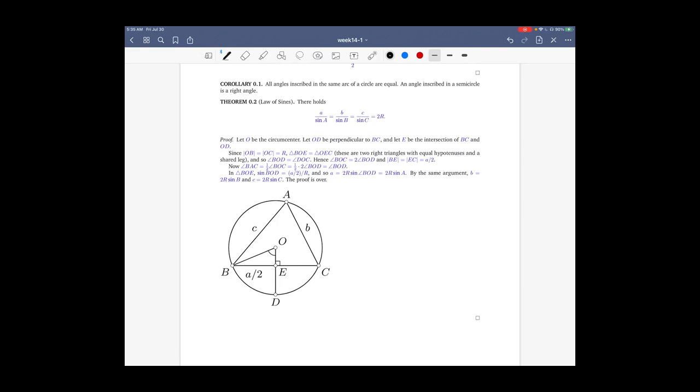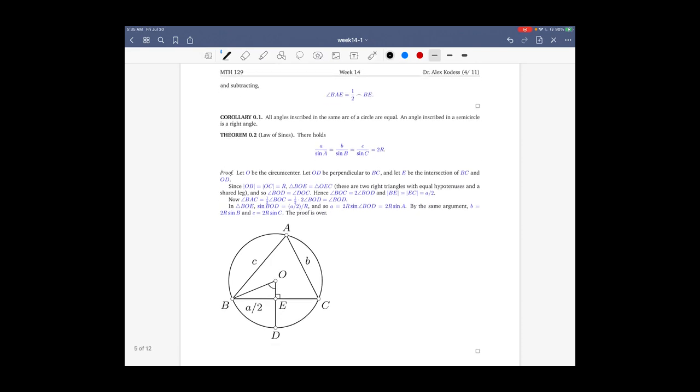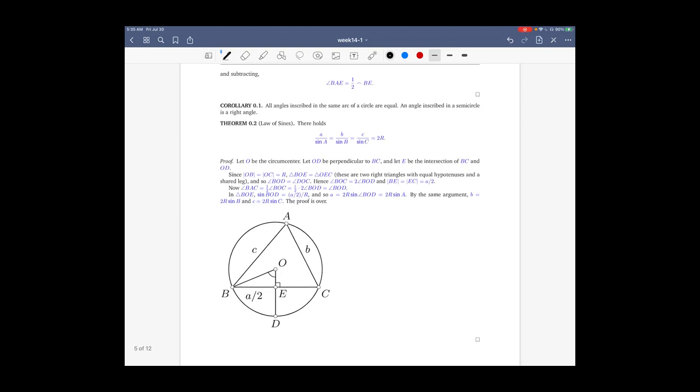So here is the statement of the law of sines. The ratio of any side of a triangle by the sine of the opposite angle is constant, and moreover it equals the diameter of the circumcircle.